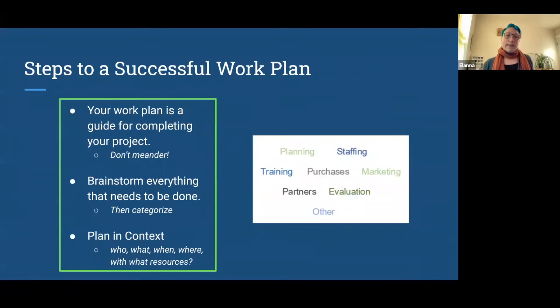Plan in context. Who is involved? What's involved? When is it going to happen? Where is it going to happen? And with what resources? Some of the different categories you might be thinking about in this process are planning, staffing, training, purchases, marketing, partners, evaluation, and anything else that comes into play for this project.